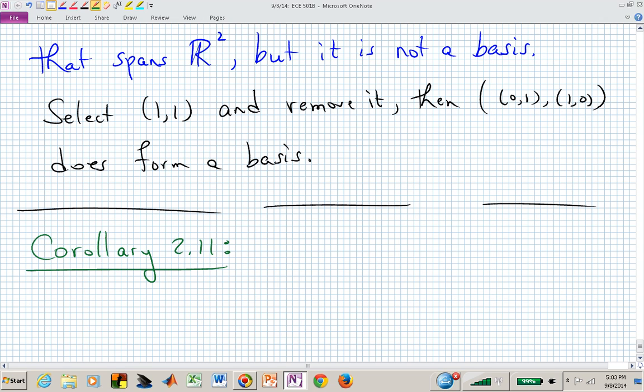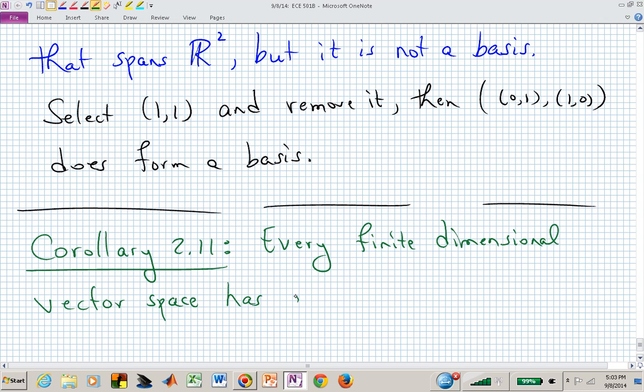Now, with some theorems, they have corollaries. Corollary 2.11: every finite dimensional vector space has a basis. That's nice.